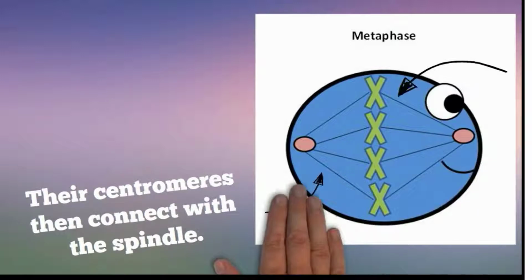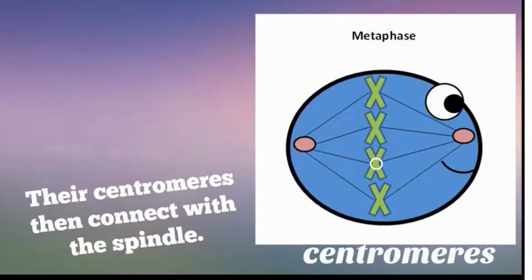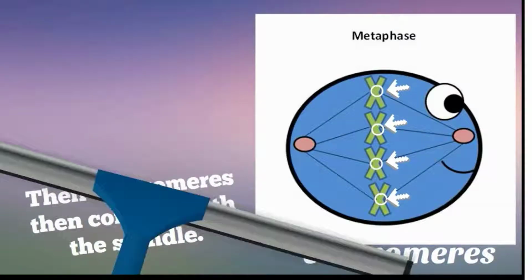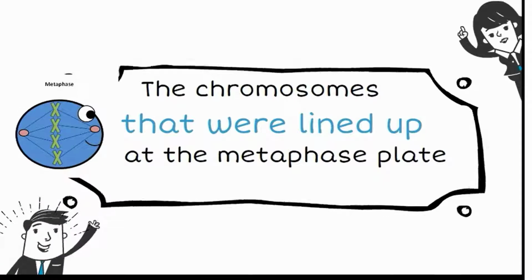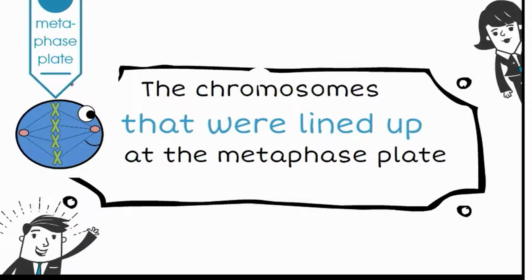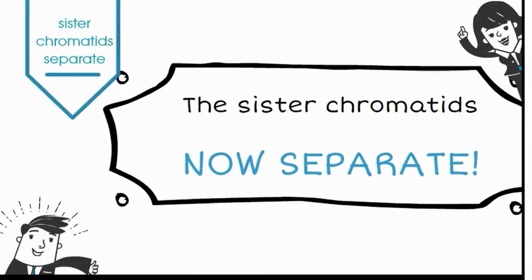Their centromeres then connect with the spindle. The chromosomes that were lined up at the metaphase plate, the sister chromatids now separate.